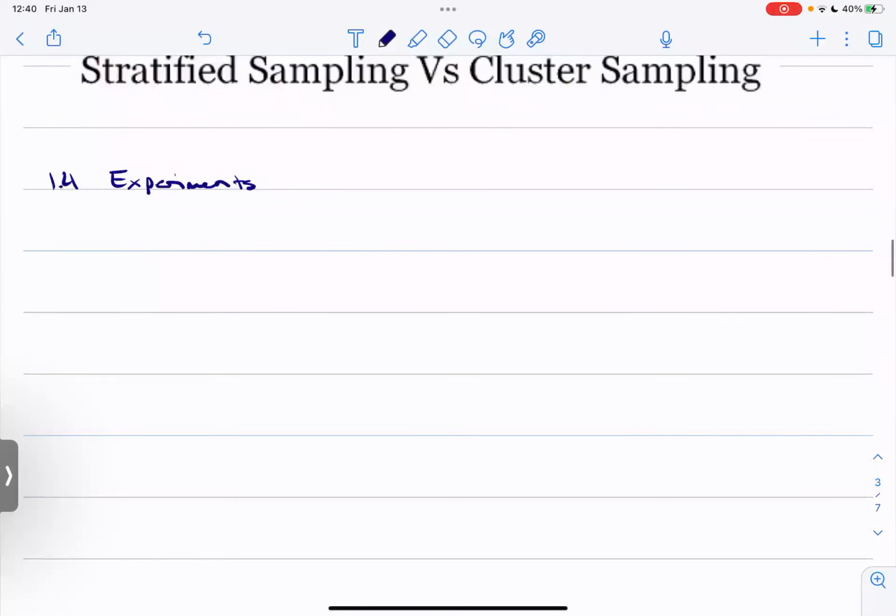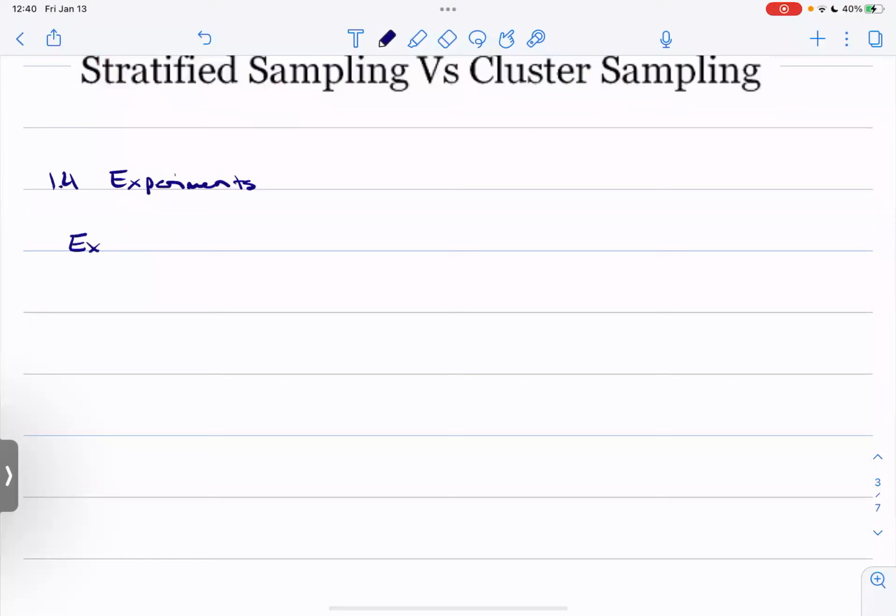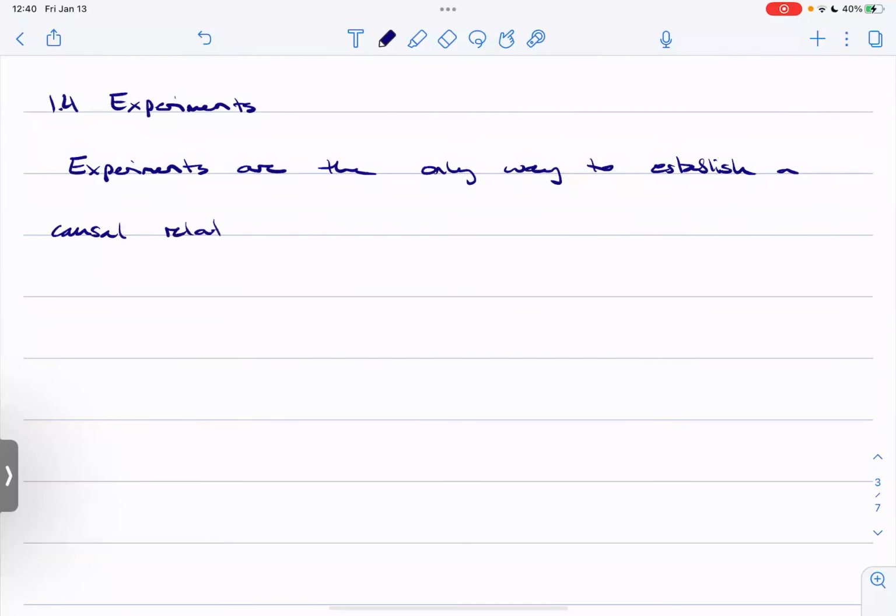Oh boy. All I really want you to take home about experiments is that it's the only way that we can establish a causal relationship, right? This caused a change in this, right? Experiments are the only way to establish a causal relationship between two variables.